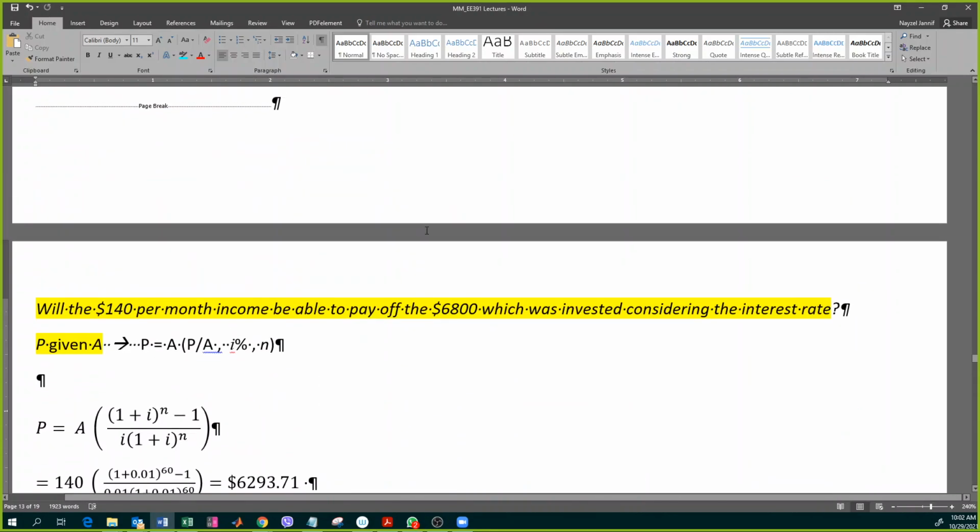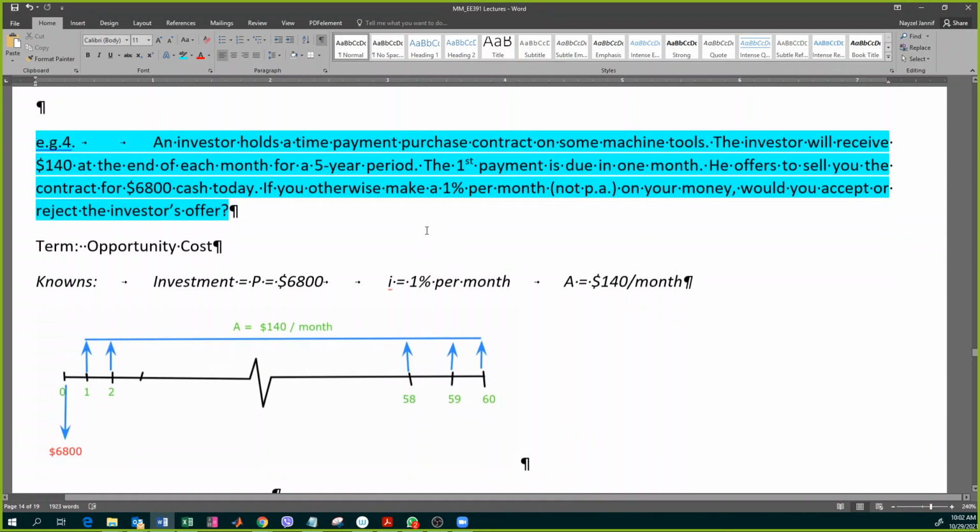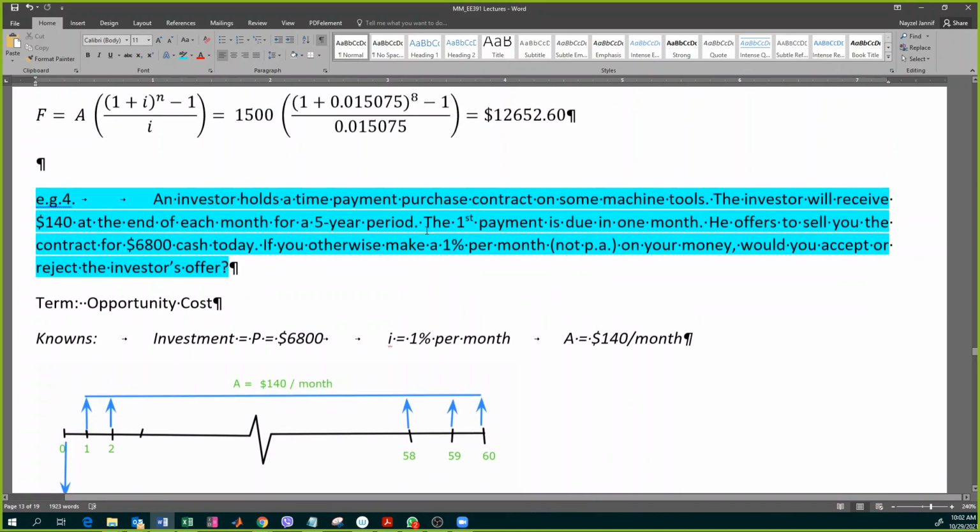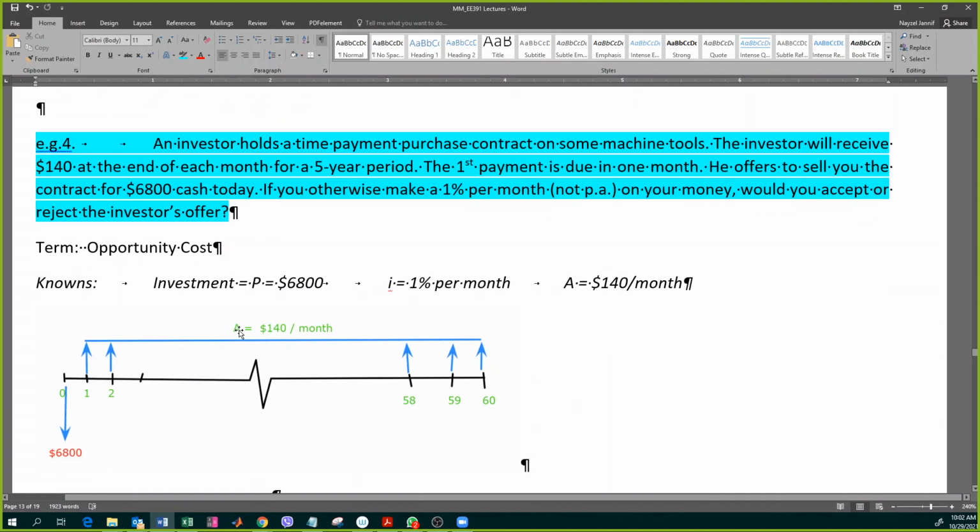Let's do a quick revision of what we were doing when we left off. We were looking at this particular problem where an investor had given some funds, and we were trying to do a comparison.